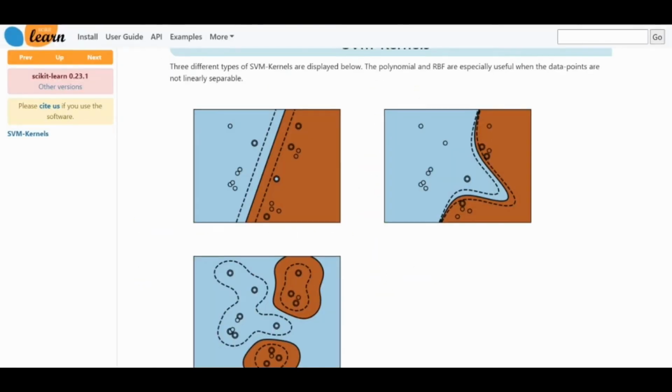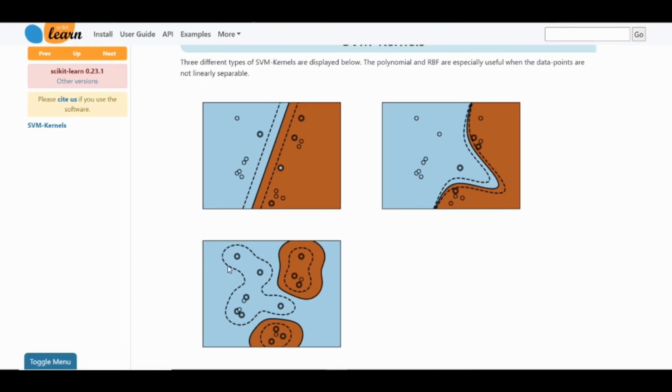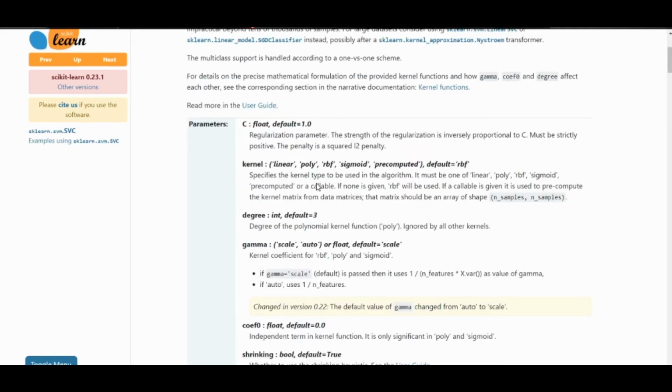Now there are different types of kernels available, such as linear, poly, and RBF. As you can see, this is the linear kernel that we use, this is the RBF kernel, and this is the polynomial kernel. There are different kernels available in our SVC class: linear, poly, RBF, sigmoid, and precomputed.